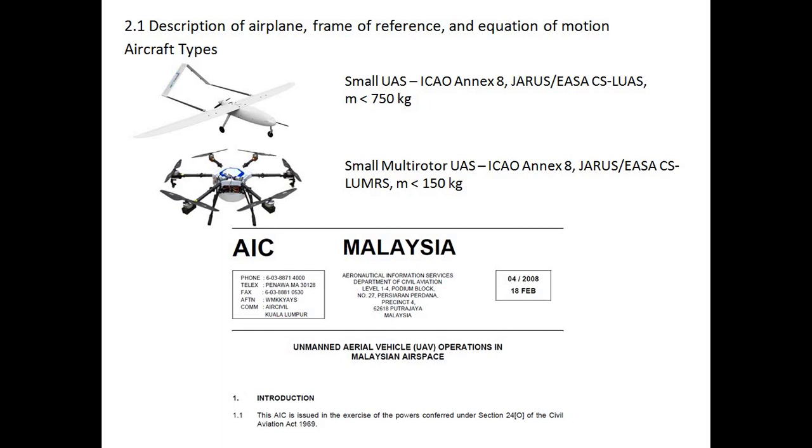But so far, I think these two regulations are not applied in Malaysia yet. In Malaysia, we have this AIC, Aeronautical Information Circular, dated April 2008, or 18 February 2008. It has been updated in 2016, I guess.